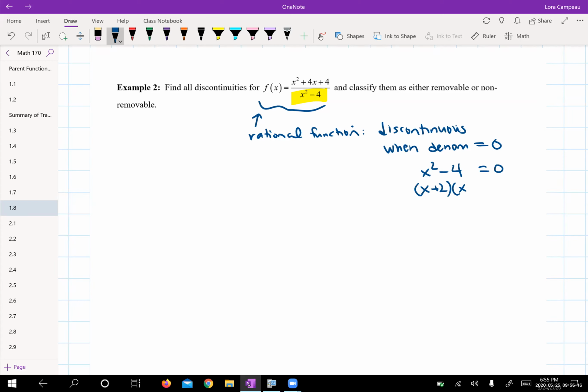We have x plus 2 times x minus 2. So we're actually getting two values, x equals positive 2 and negative 2, that make the denominator 0.